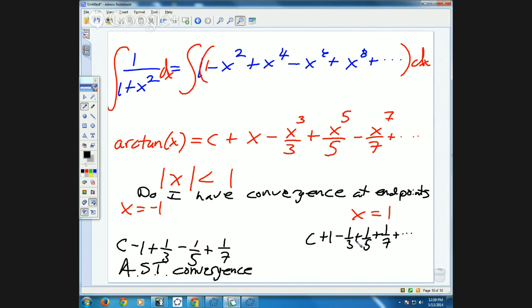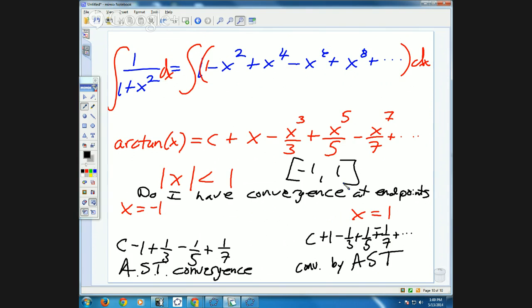So this is also convergent by the alternating series test. All right, so it converges at both endpoints. So what I have as far as an interval of convergence is -1 to 1. Both endpoints are good. It's kind of cool. I don't think that's happened to many of the ones we've done before where it converged at both endpoints.